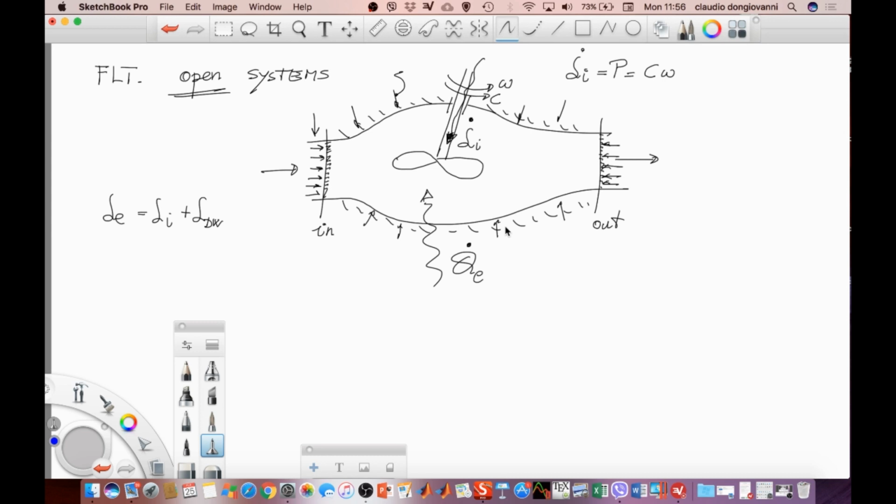Do you remember the restriction that has to be added for open system? The flow has to be steady state flow. Or stationary.